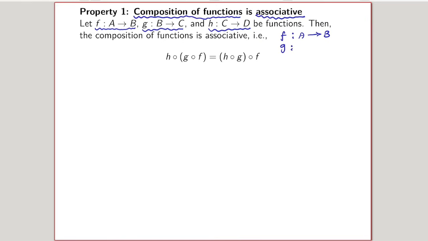And also we know that if f is a function from A to B and g is a function from B to C, it is possible to define the map g composition f from A to C. Note that the codomain of the first map and the domain of the second map should be equal to define this composition.